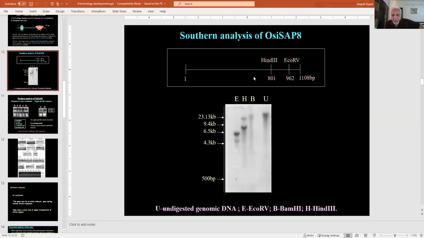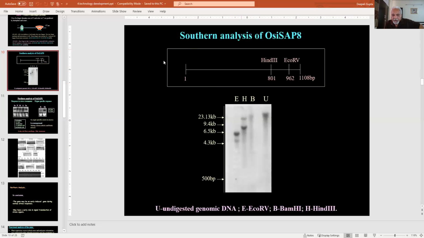It is going to hybridize to this fragment as well as this fragment generated by HindIII. Similarly, EcoRV, this fragment and this fragment. So it is going to generate two hybrid spots, like here you can see 1 and 2, 1 and 2, and BMH1 generates only one.